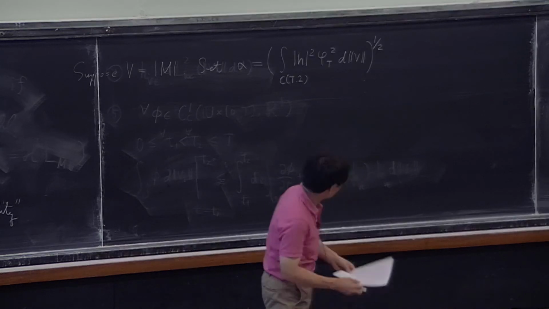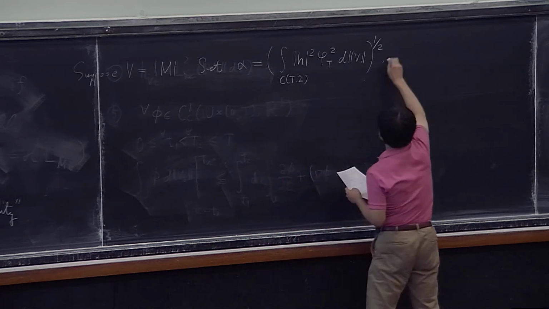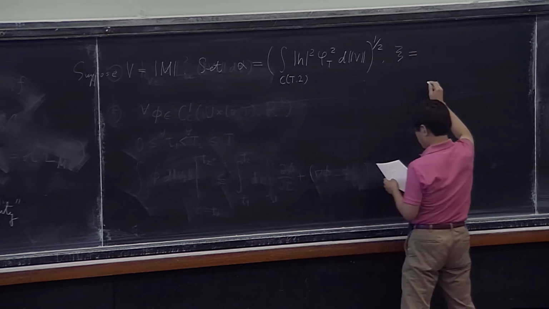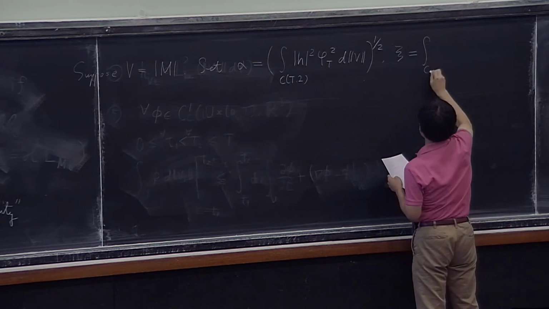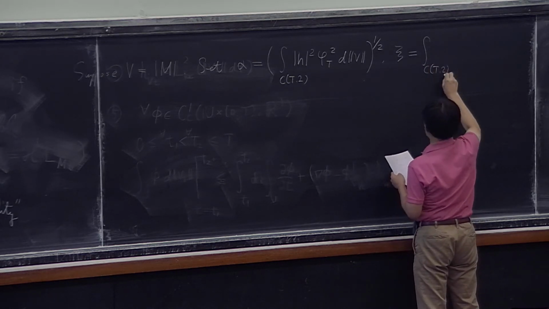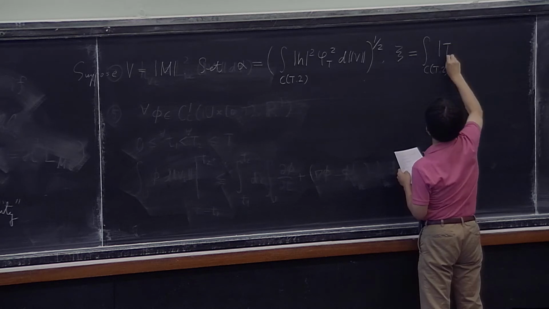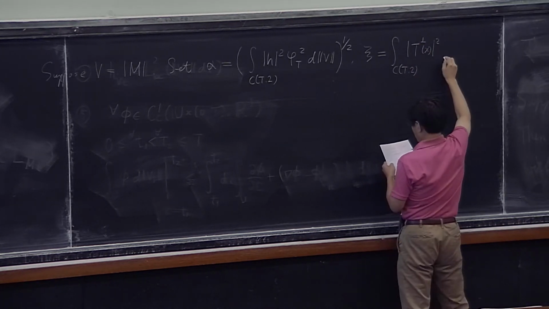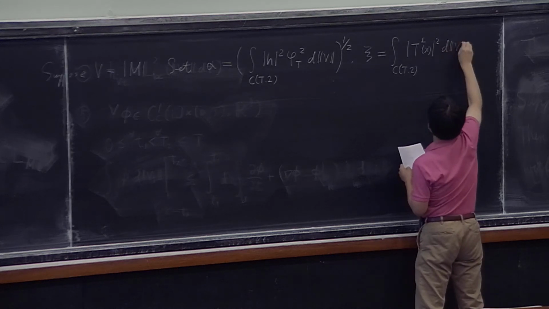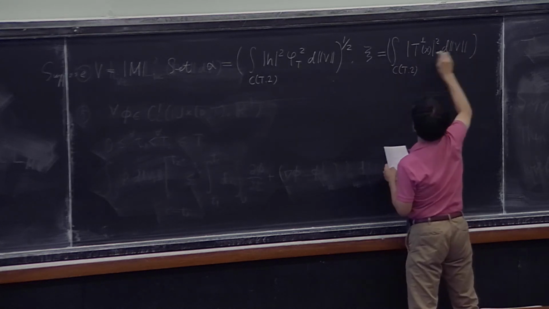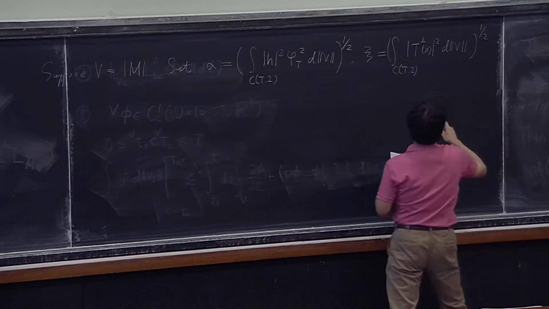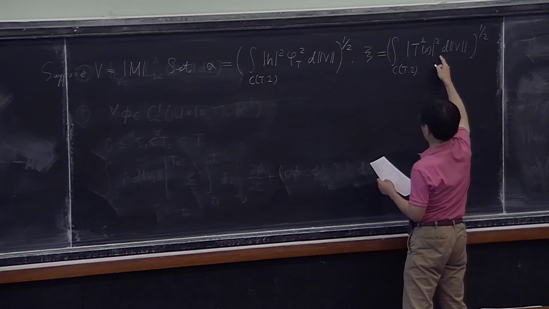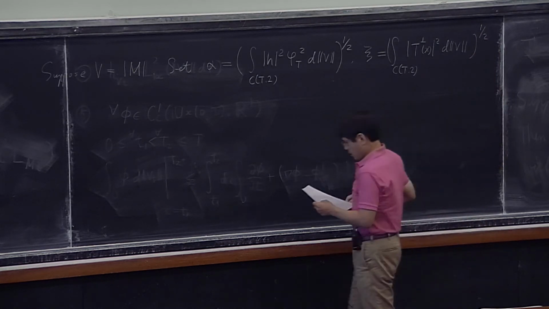And let C be the L2 quantity that I just explained, C2 of t, which you can think of as the distance to t square, without phi_t.